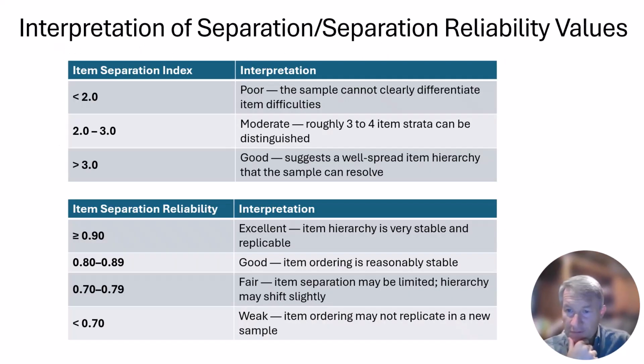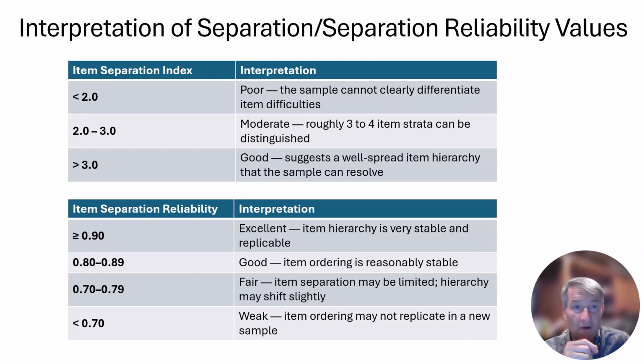I want to say a few things about how one might interpret item separation and item separation reliability values. If we look at the top table of the two, which is about the item separation index, we see that separation values of 2 or below are considered poor because those values would result in less than 3 statistically distinct item difficulty strata or levels, which could be problematic for differentiating item difficulties and person abilities.